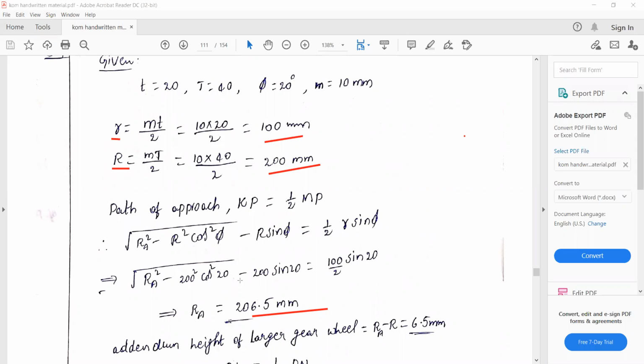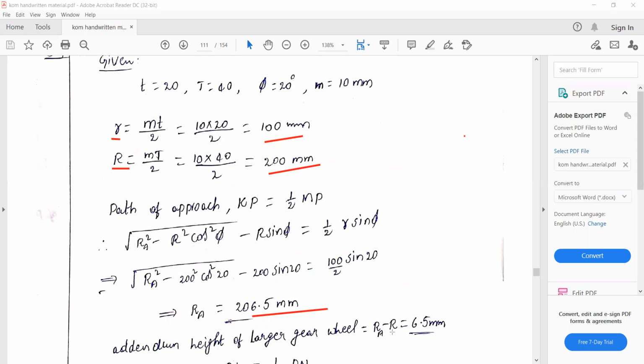Now that Ra is 206.5, we should find the addendum of the gear wheel. Addendum of the gear wheel equals Ra minus R. Addendum means the difference between the addendum circle and the pitch circle.